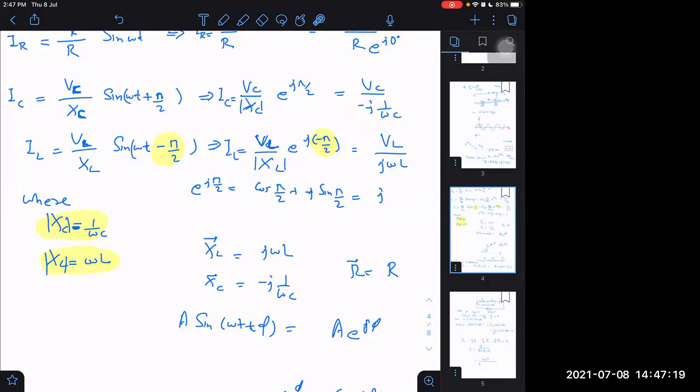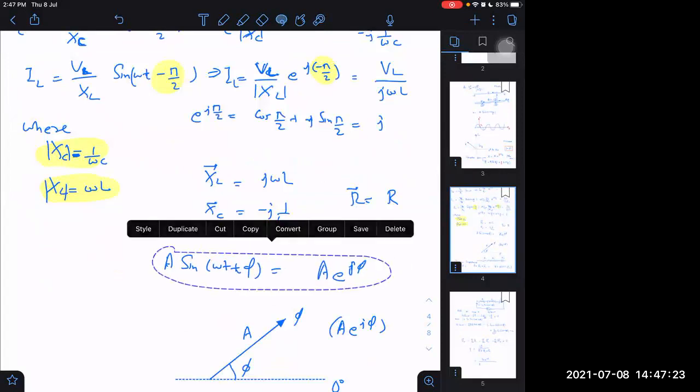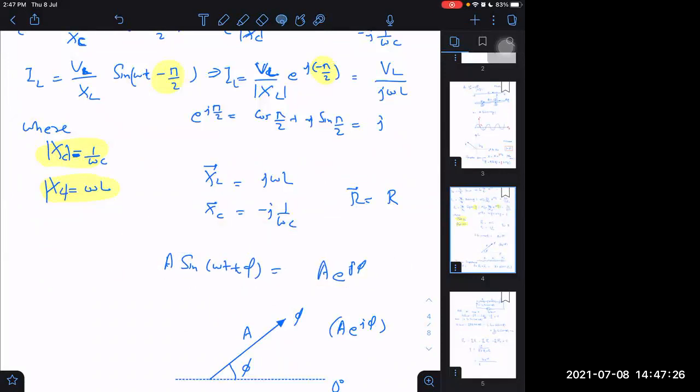Understood? It means the XL vector has j multiplied with omega L, and the XC vector has minus j multiplied by 1 by omega C, if I treat it like a vector. If I treat magnitude wise only, then this. Understood?